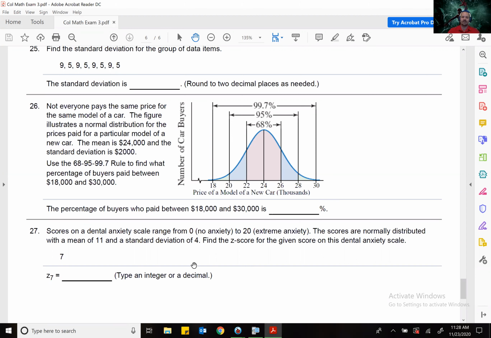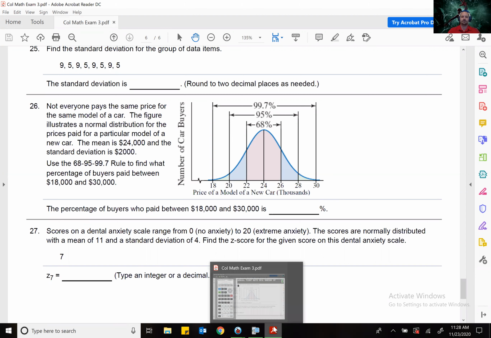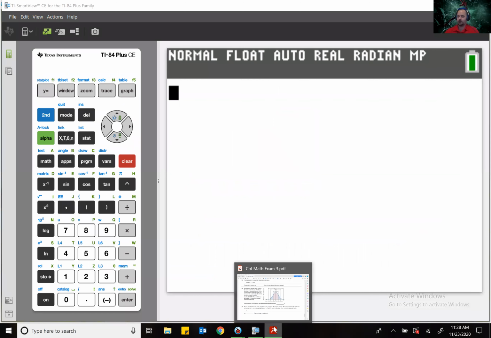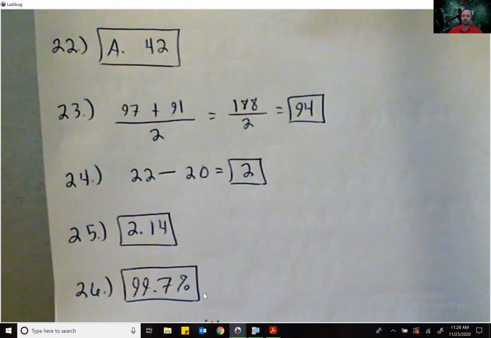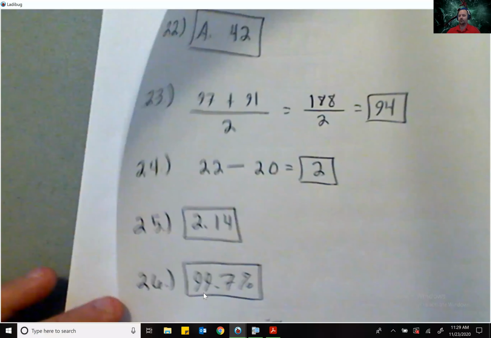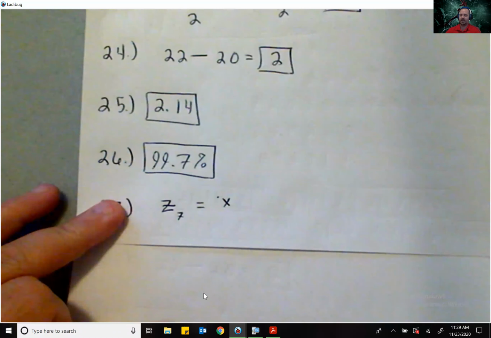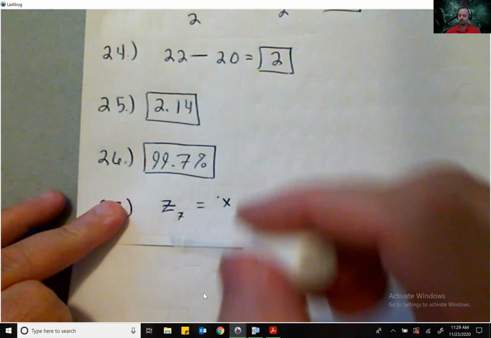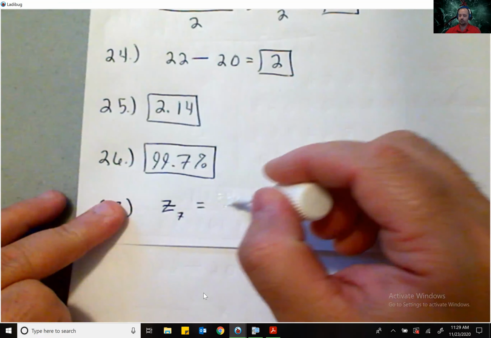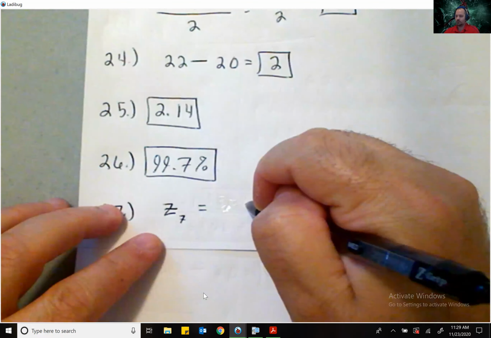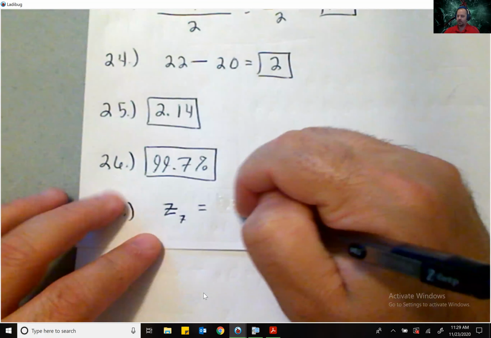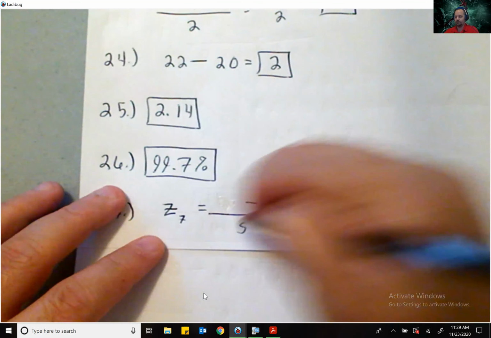So the formula for a z-score is as follows. You're going to take your data entry. So right here is going to go data. We're going to subtract the mean from it, and divide by the standard deviation.